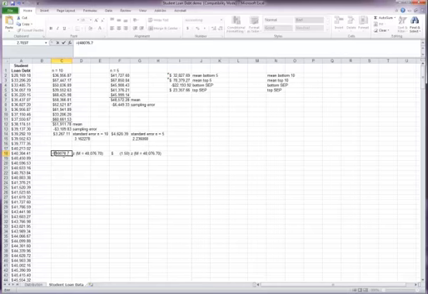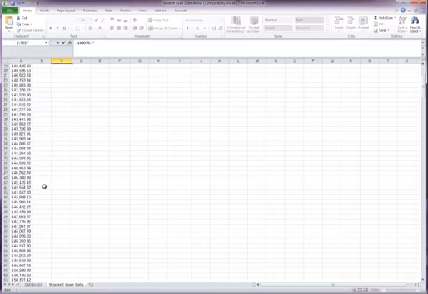Remember, order of operations. We're telling Excel that we want it to solve for the parentheses first. If you don't use the parentheses, it'll take the population mean divided by the standard error, and then it'll subtract that from this. We don't want that. We want to do the parentheses first. So the sample mean minus the population mean in parentheses.